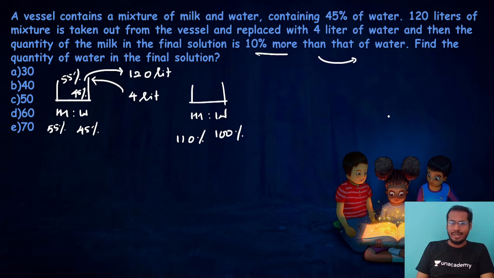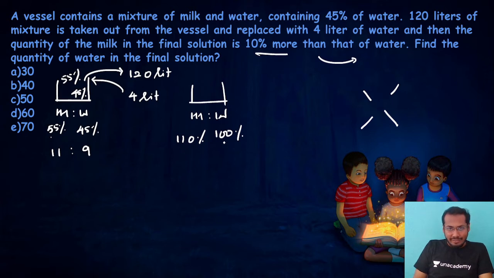Okay, I will draw a small diagram here to solve the problem. First of all, see 55 and 45. What is the ratio? 5 into 9 is 45, 5 into 11 is 55.